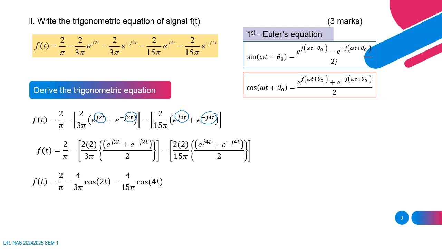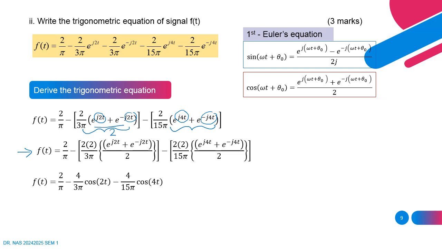So group them up, and then next step you need to change the shape of the equation into either sine or cosine Euler's theorem in exponential form. So in this case, to get into cosine equation, the signal must be divided by 2.